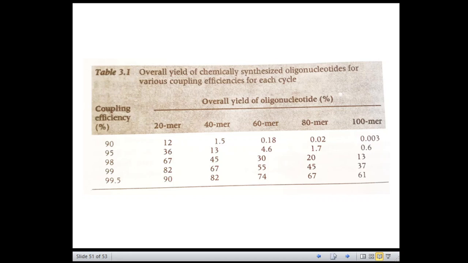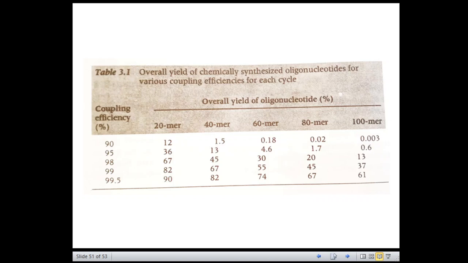For example, if the coupling efficiency is 99% at each cycle in the production of a 20mer, then 82% of the product will be 20 nucleotides long. If you go carefully through the table, you will understand. So the overall yield of the oligonucleotides will be 82%.